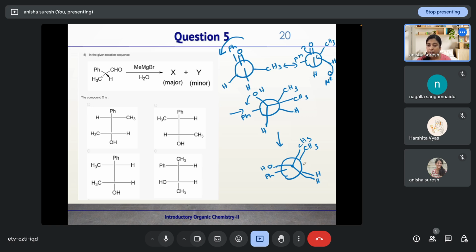So the right answer, that is the major product, will be option B. Clear? Okay, so the right answer is option B.